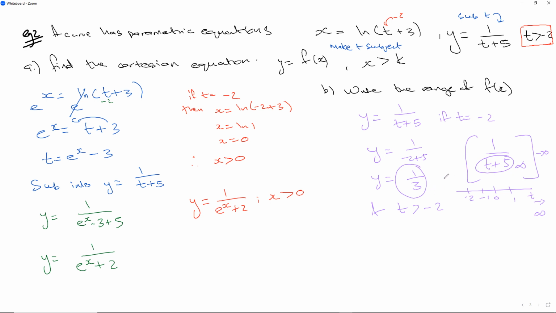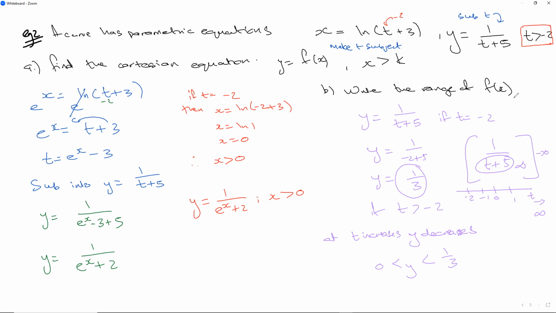So as t increases, y decreases, but it will always stay positive. So the range ends up between 0 and 1 over 3.